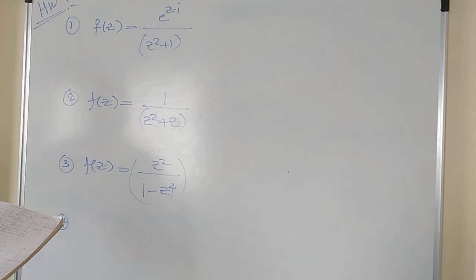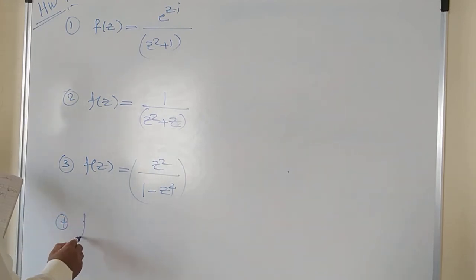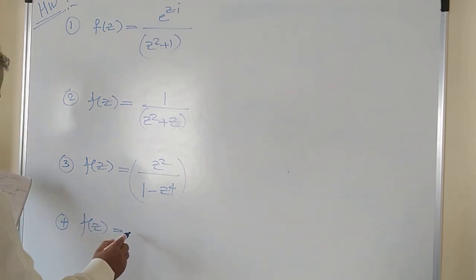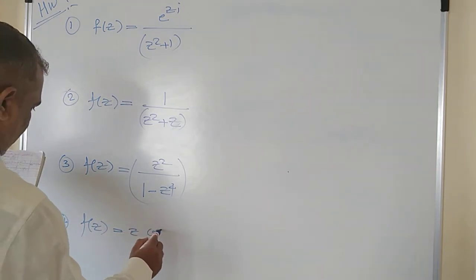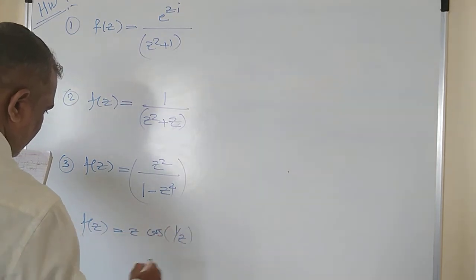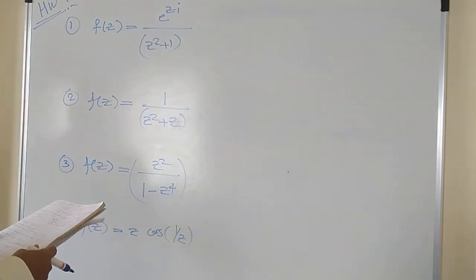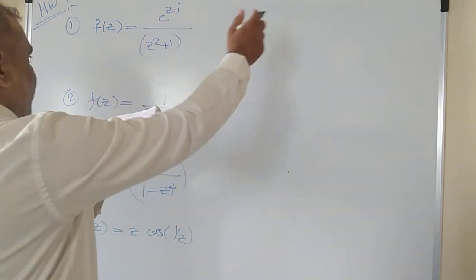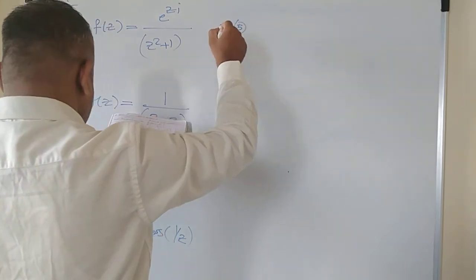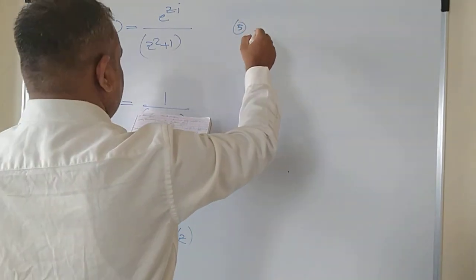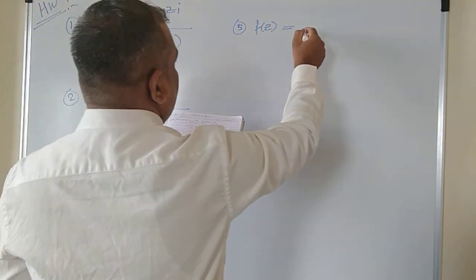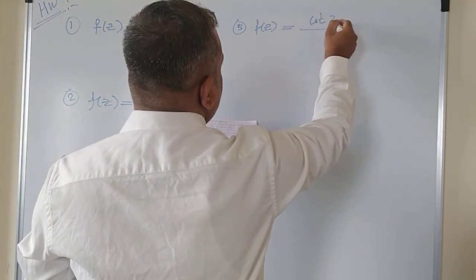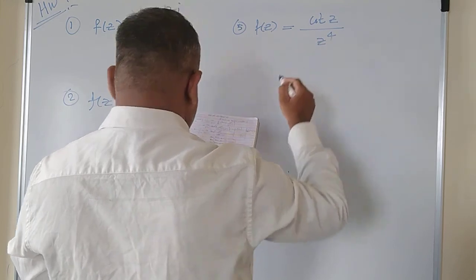Fourth one is f of z equals z into cos of 1 by z. Next, fifth is f of z equals cos z by z raised to power 4.